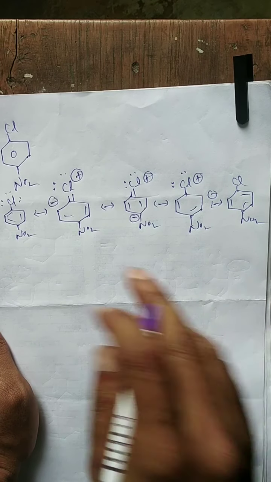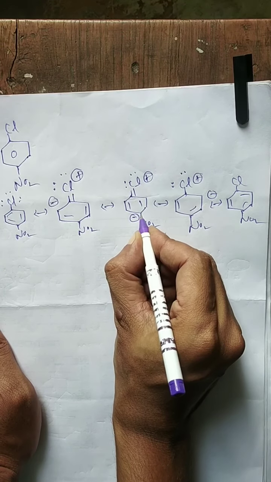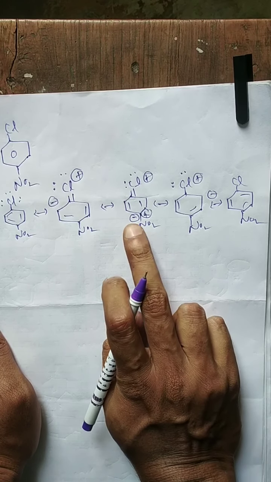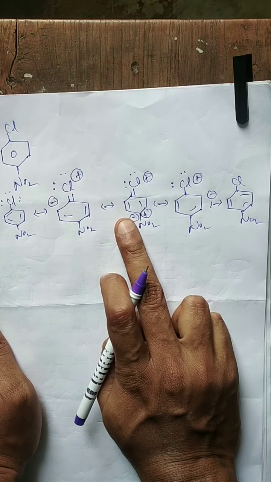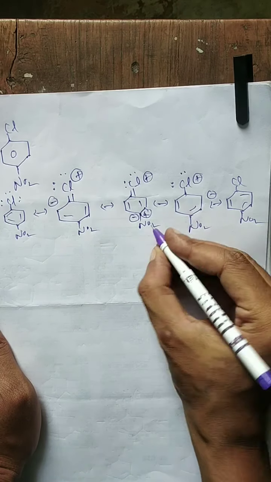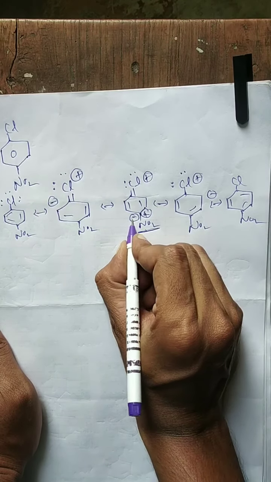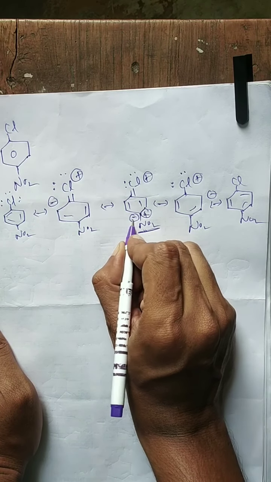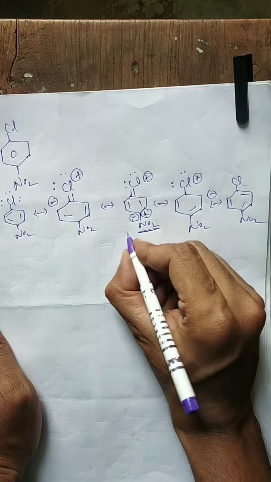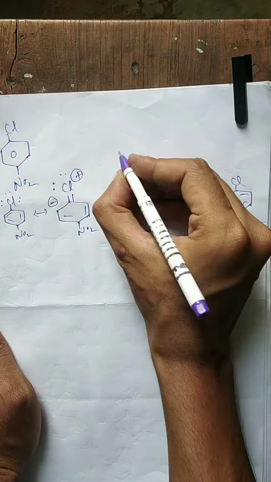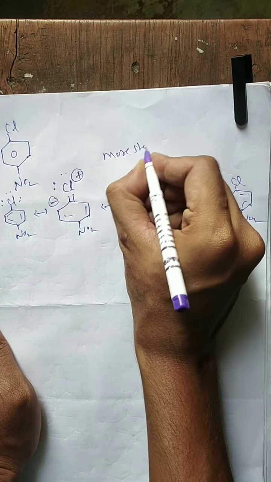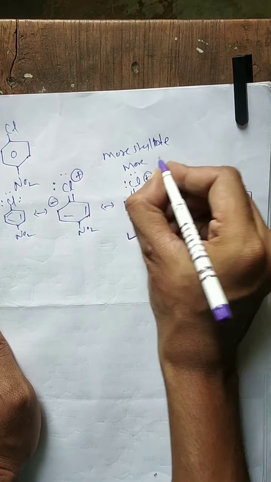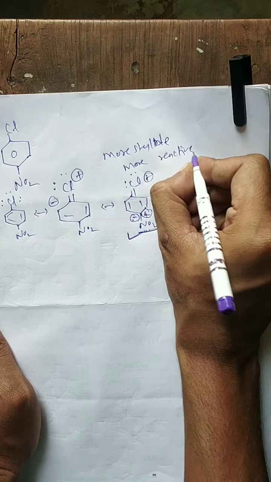Now you can see this carbon number 4 is having the NO2 group, and on the same carbon the negative ion is there. So this NO2 group attracts this electron. It wants electrons, and the negative ion comes on the same carbon, so it is more stable. Again, more stable, more reactive.